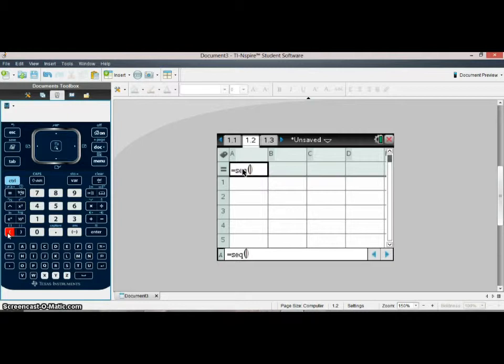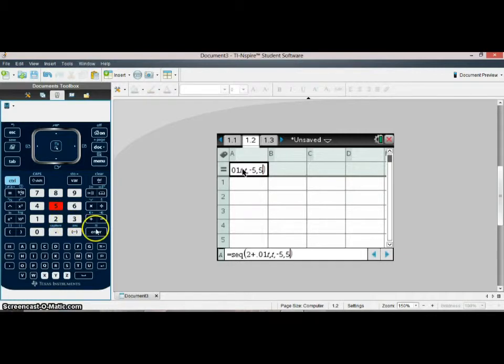I'm going to go sequence 2 plus 0.01 t. And then I'm going to make sure they know that t is a variable. Then you're going to go from -5 to 5 on t.